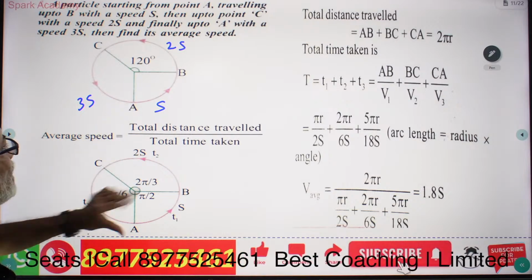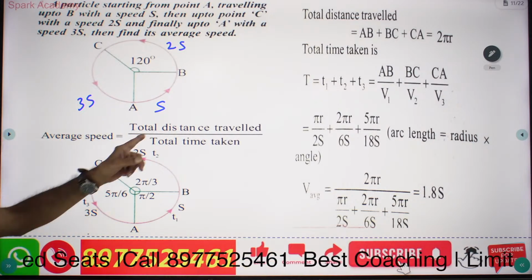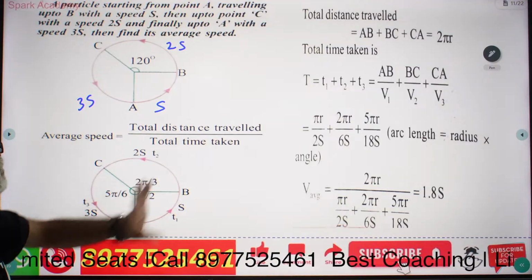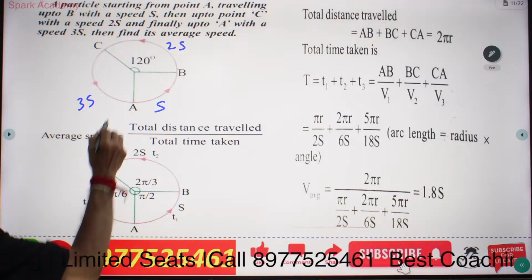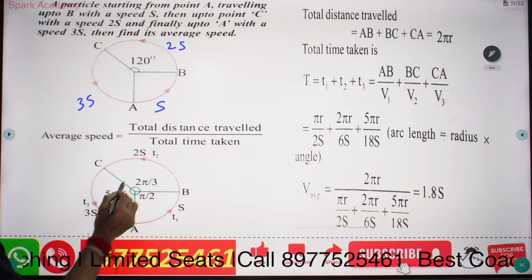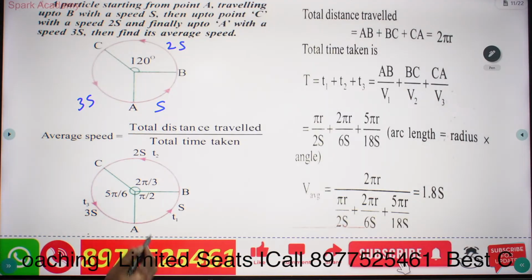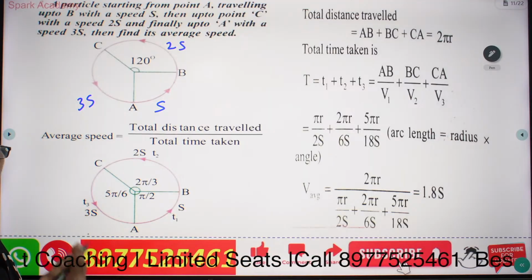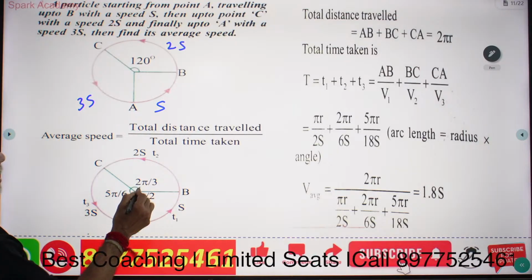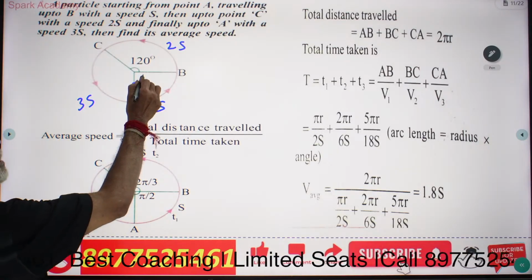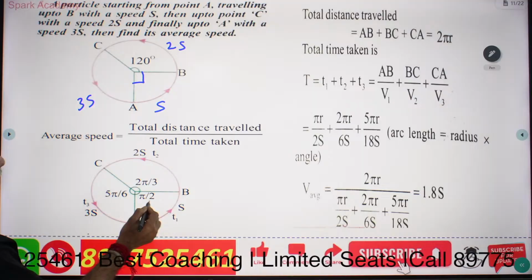So you have to apply the sector formula. Average speed is total distance traveled by total time taken. Now in this diagram, 120 degrees means in radians it is 2 pi by 3. Pi by 3 is 180 by 3, that is 60. So 2 into pi by 3 is nothing but 120 degrees. And this angle is 90 degrees, pi by 2.